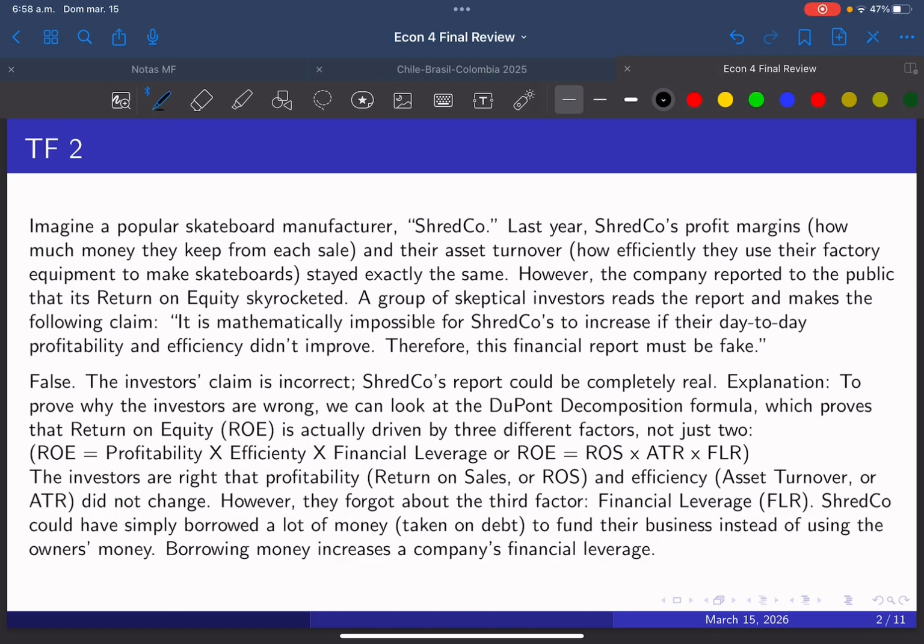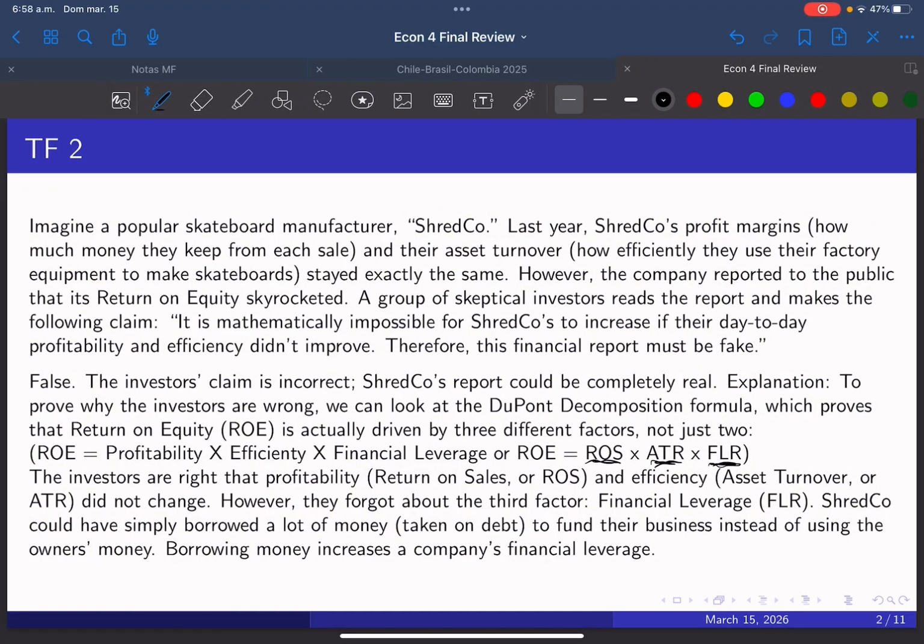But if you look at the DuPont decomposition, you can see that the return on equity is equal to the profitability, so the return on sales, efficiency, the asset turnover ratio, and the financial leverage.